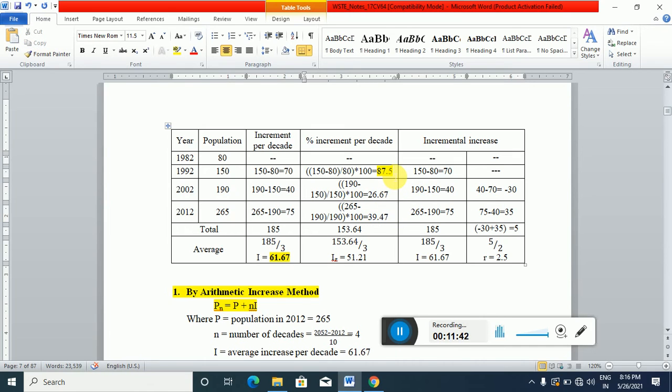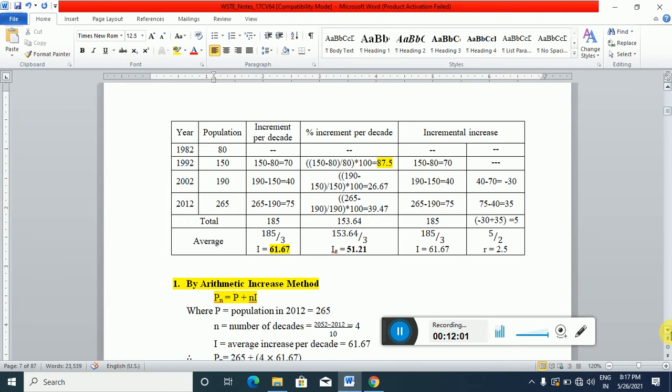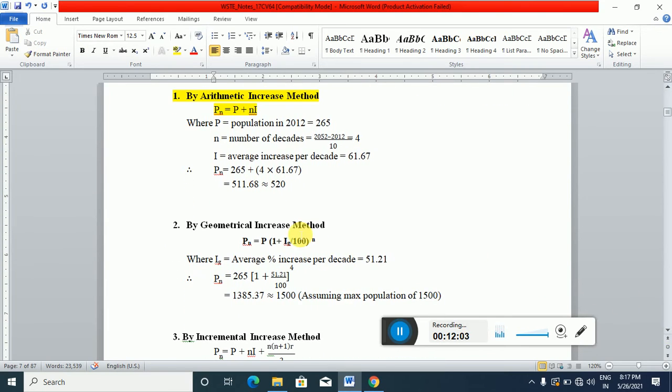Again we have to take the average because the average value is used in the formula. If you add all these values and divide by 3, because we have 3 decades here, the average geometrical increase for each decade will be 51.21.